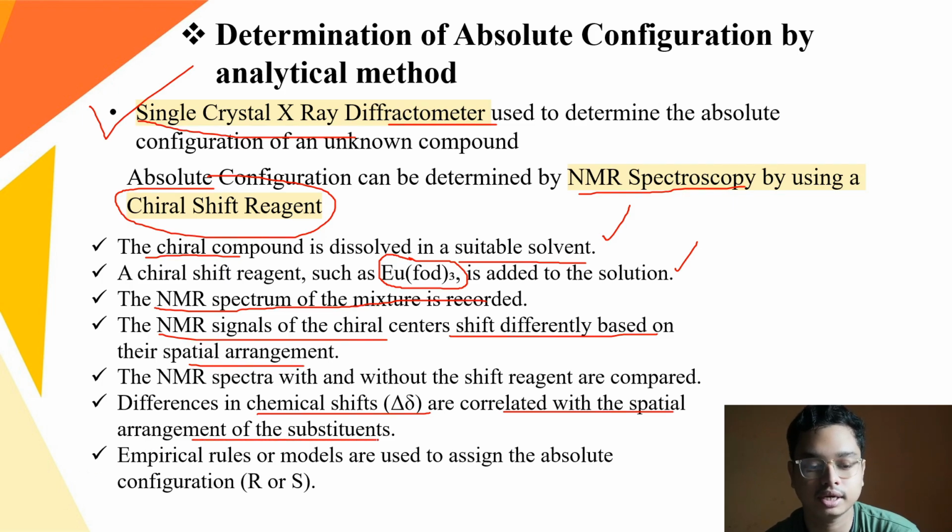Then empirical rules and some models are used to assign the absolute configuration R or S. It is a little bit of a tedious process, but from NMR spectroscopy also we can determine the absolute configuration of an unknown chiral compound.